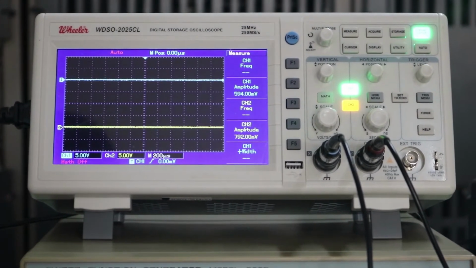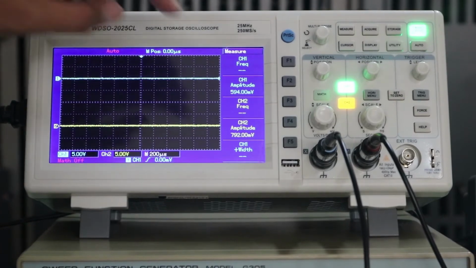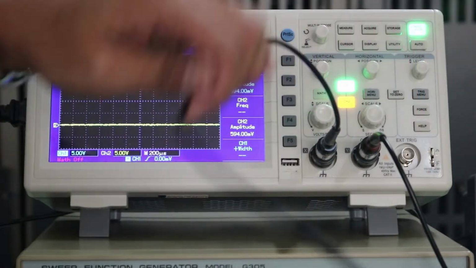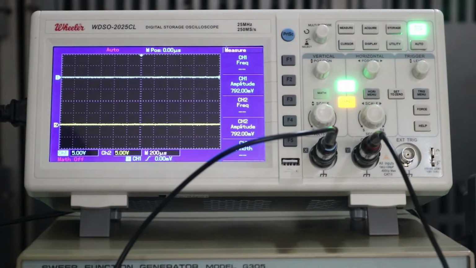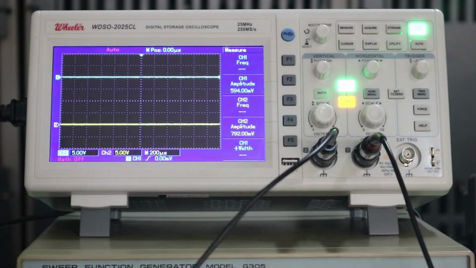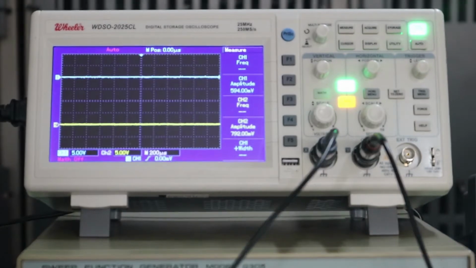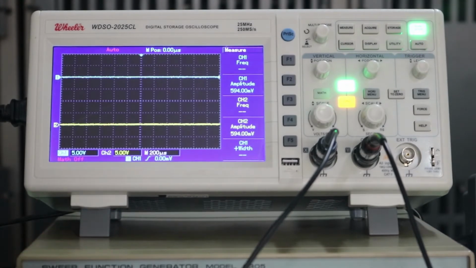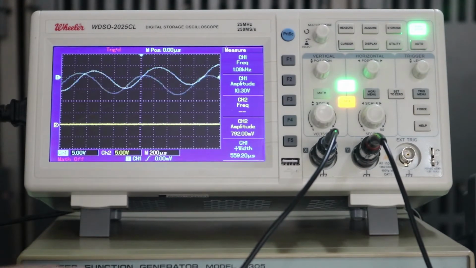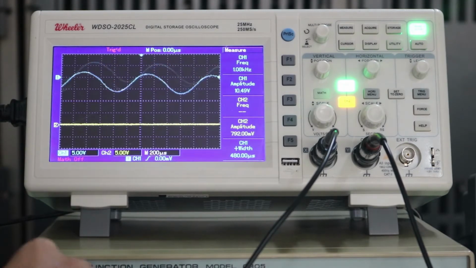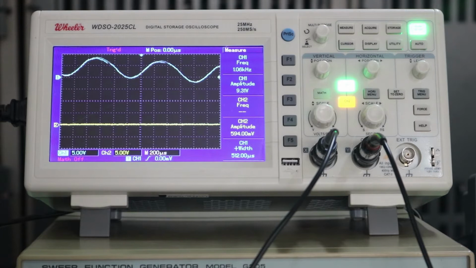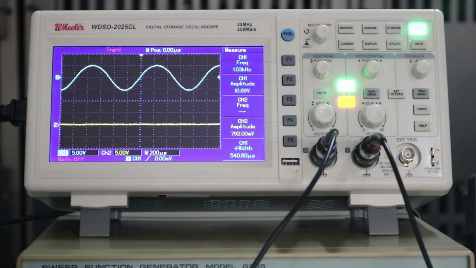So, to display our input waveform, we will be using channel 1. That's our input waveform.